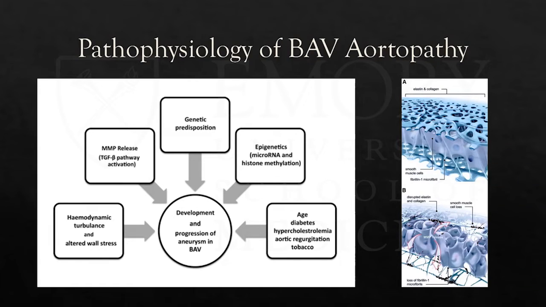Now, there is involvement of a specific gene called the Notch1 gene. It's been identified in a small population of bicuspid aortic valve patients, and these mutations in the Notch1 gene can lead to abnormalities in neural crest cell migration, which in embryology can explain the involvement of the ascending aorta, aortic root, and the bicuspid aortic valve.